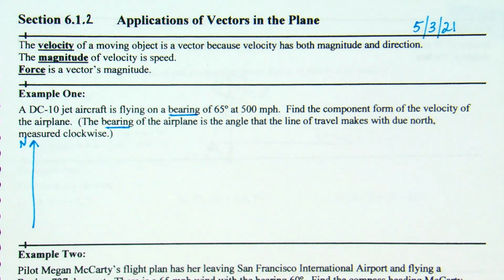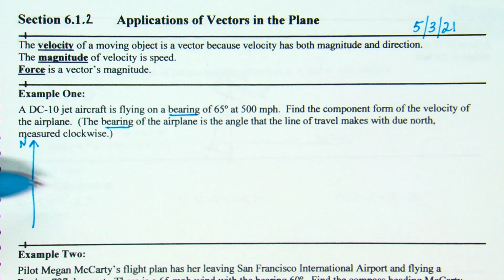The bearing of an airplane is the angle that the line of travel makes with due north, measured clockwise. So where am I going to have that 65 degree angle at? If this is due north, measuring clockwise means I'm going to the right. See, that's the other thing. We're going the opposite direction from what we do on the unit circle, yes? So clockwise is going to the right.